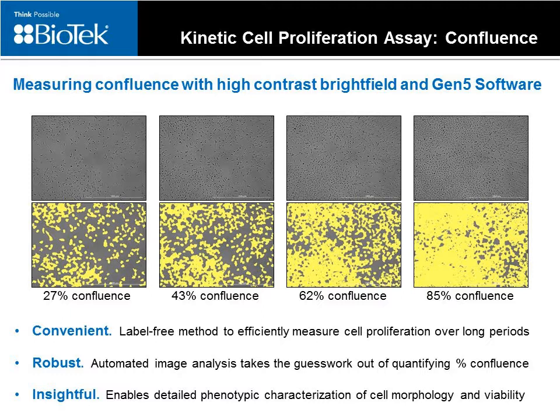This convenient, label-free method saves considerable time and expense, and importantly, it provides reproducible results for meaningful quantitative analysis. So it really takes the subjectivity out of the equation. And this method enables detailed characterization of cell morphology throughout the experiment, providing unique insight into changes in the biology over time.